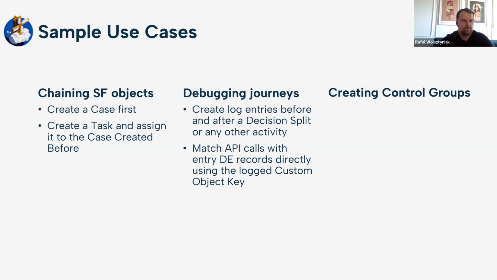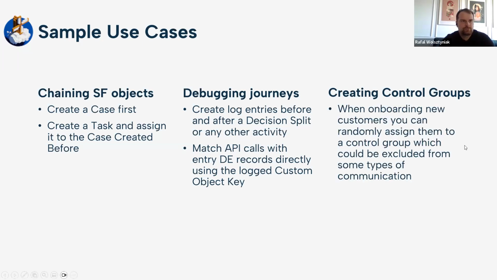So if you know that something is wrong with an API triggered journey, this ID combined with the event data binding expression allows you to exactly know that this entry event is responsible for that call. So quite powerful and would be really useful in integrations.